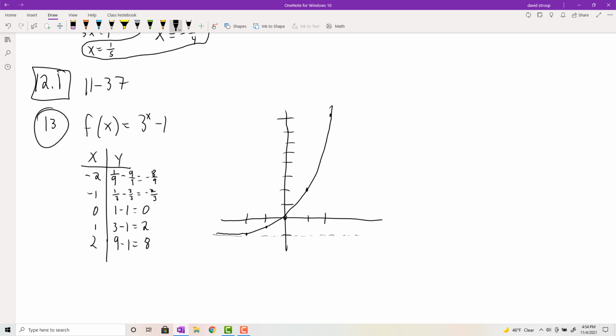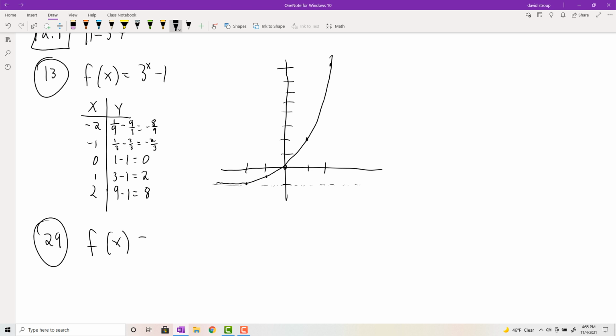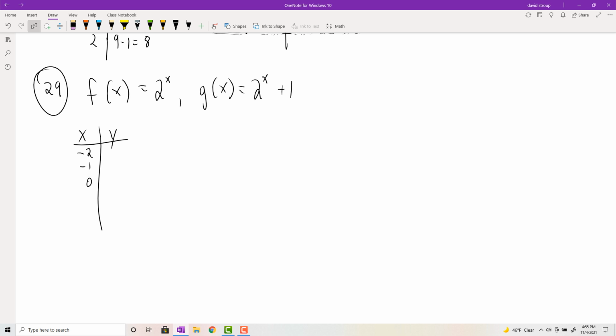This is just the same as the graph of f of x equals 3 to the x, but shifted down one place. Okay, so there were other questions in this set, like number 29, where they would ask you to graph both of them and then explain the difference between the two, or explain how they're related, right? So in this case, you would do, I guess, 2 tables, and again, just go from negative 2 to positive 2. So you'd get 1/4, 1/2, 1, 2, and 4.